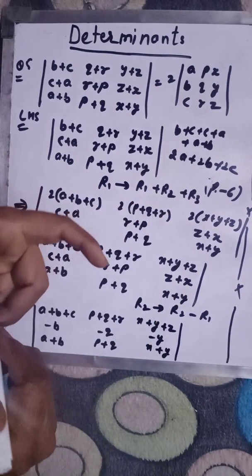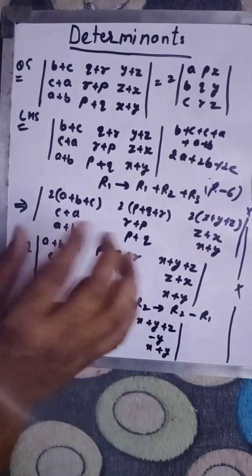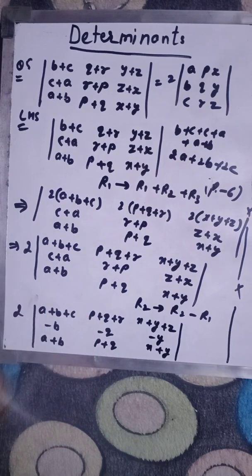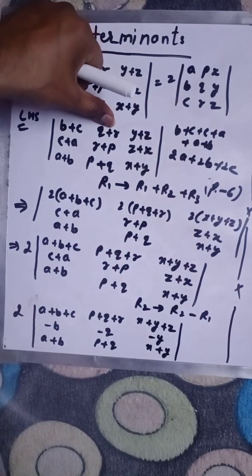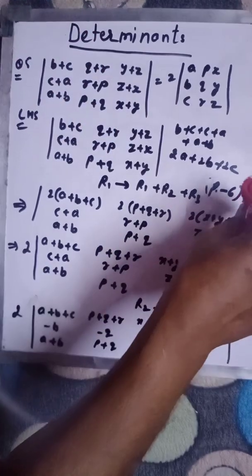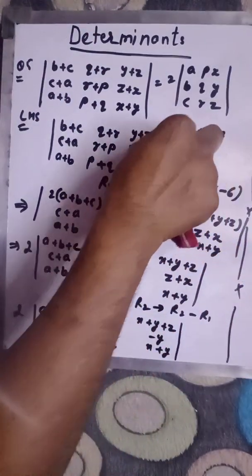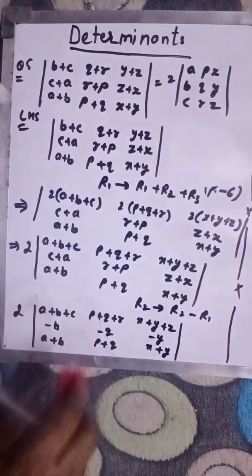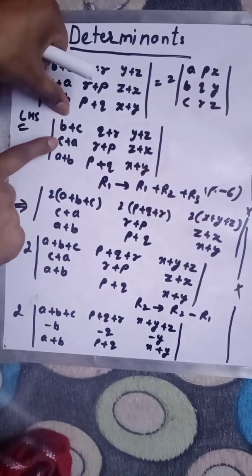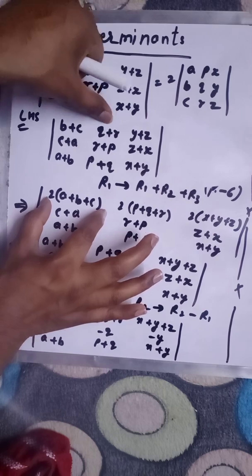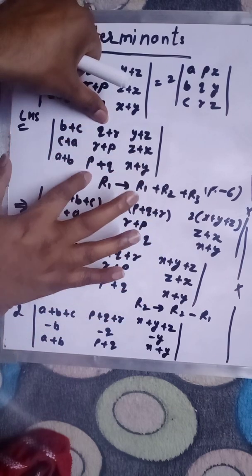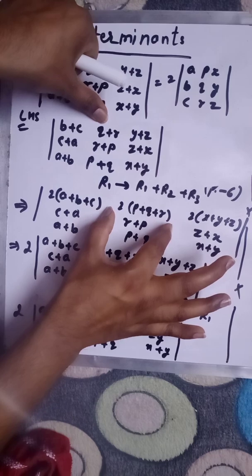In the same way I am using this R1 plus R2 plus R3. Let me rub this first. When you add R1 plus R2 plus R3, you will get this equation. Similarly, when you add this plus this plus this, you will get this.